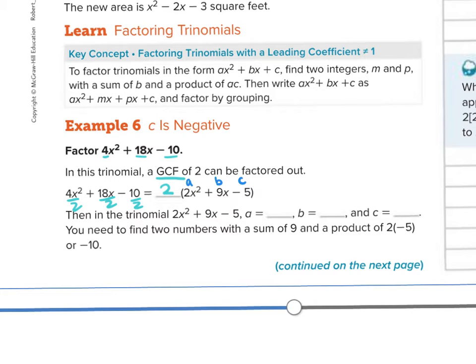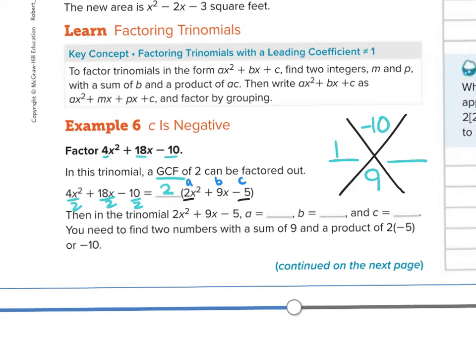And now we will do our X. I want them to multiply to get A times C. Well, in this case, A is 2, C is negative 5, so I want them to multiply to get negative 10. I want them to add to get B, or 9. So those 2 numbers, I know it's going to have to be negative, because I get a negative 10 here.